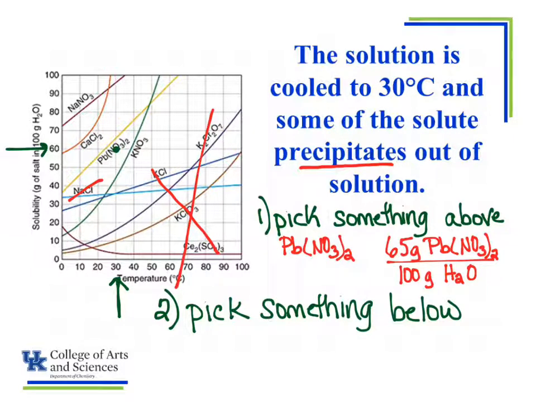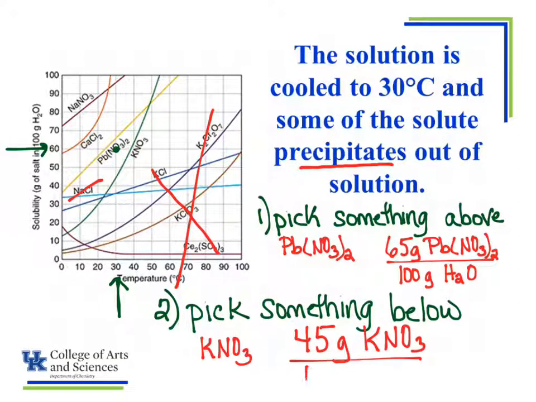In this case, we only have one substance left. However, let's do a quick test to make sure we're looking at it correctly. We'll pick something below, and we get KNO3. At 30 degrees Celsius, only about 45 grams of KNO3 will dissolve in 100 grams of water. As a result, if I have 60 grams of KNO3 in there, it would not all dissolve.